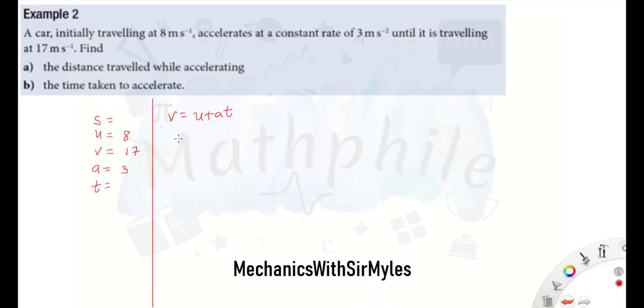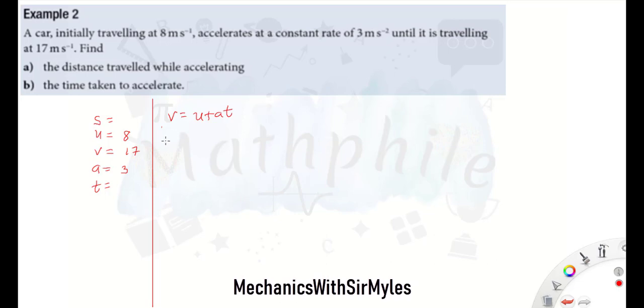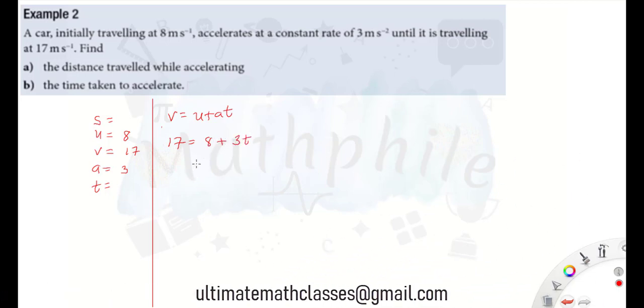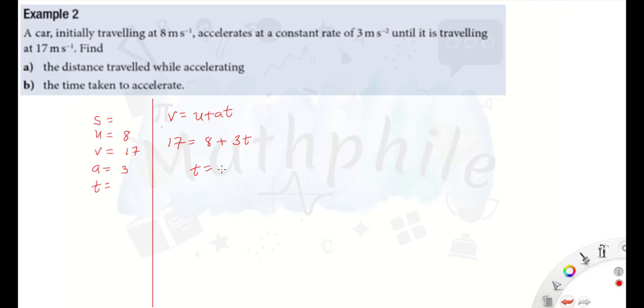So we can do the necessary substitution. 17 is equal to U, which is 8, plus the acceleration given, which was 3, multiplied by T. Do the manipulation and get the value of T. What is going to be the value of T? I think it to be 3. Let me see. Okay, T is going to be 3 seconds. So 17 minus 8 should be 9, and 9 divided by 3 should be 3.